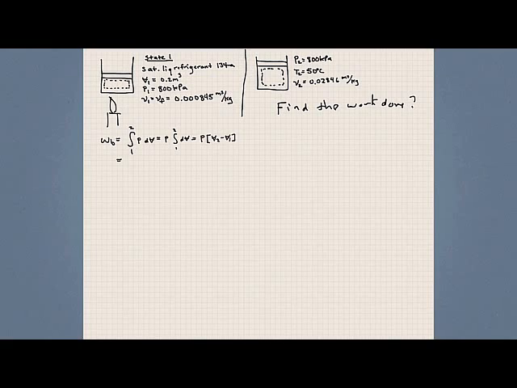Remember, since this is a closed system, we know that mass is also constant in state 1 and state 2. So we can rewrite this by using the specific volume by factoring out a mass. So we have pressure times mass times the specific volume at state 2 minus the specific volume at state 1, because specific volume is just volume per unit mass, so I'm factoring out that mass.